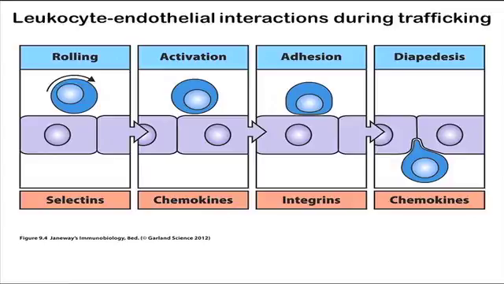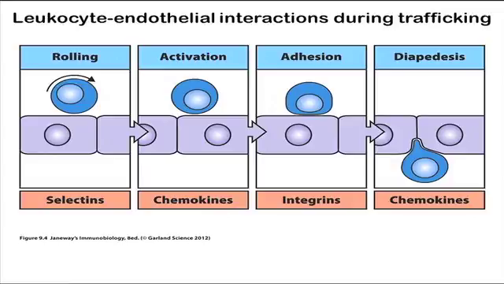And these interactions are called rolling, the initial interaction, which is very tenuous and reversible, activation, which is in the middle, adhesion, by which the leukocyte stops on the endothelium and sticks to the endothelium even though the blood is still flowing, and then finally diapedesis, by which the leukocyte squeezes between two endothelial cells and enters the tissue space.